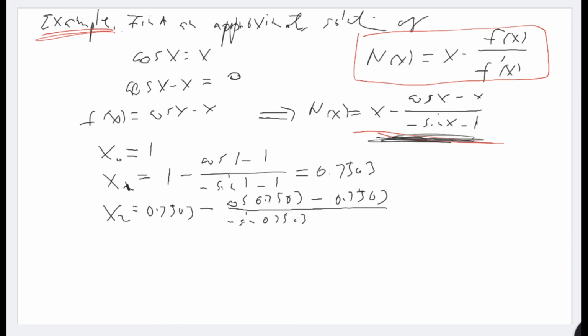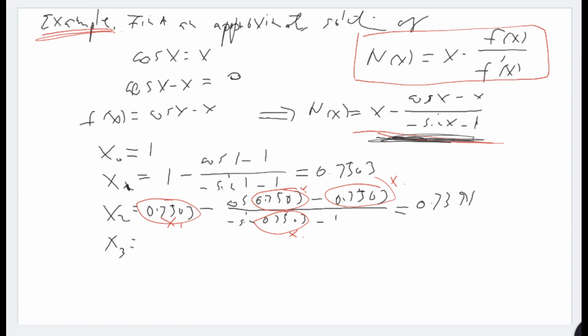So this is basically x1. And then again with a calculator, you can find this to be approximately 0.7391. So this is x2, and then the next, x3.